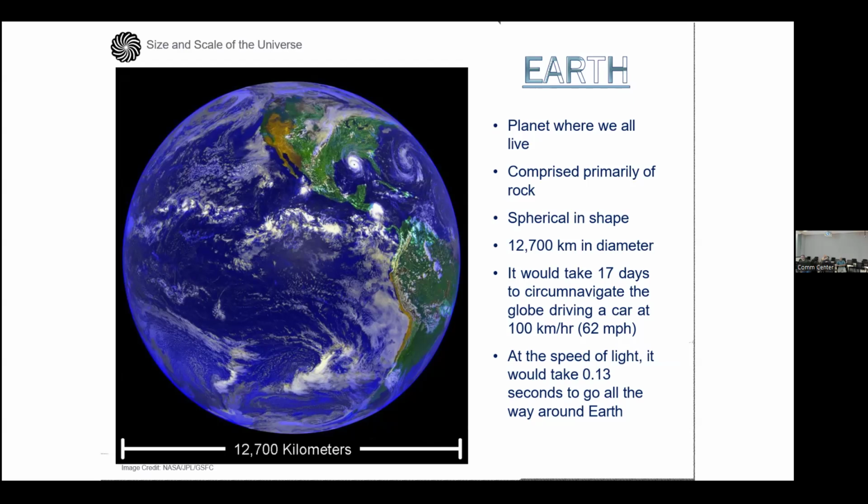Anything that spins is going to be wider at the equator than it is pole to pole. Like an oblate spheroid. Oblate spheroid. Thank you. I didn't know I was looking for that word, but apparently that's the word I was looking for. At the speed of light, it takes 0.13 seconds to go all the way around the Earth.